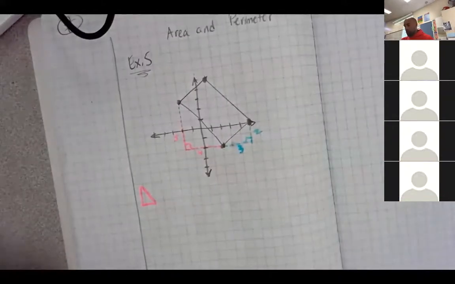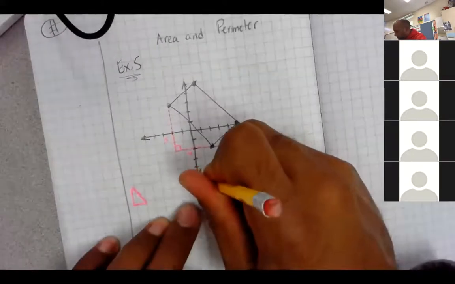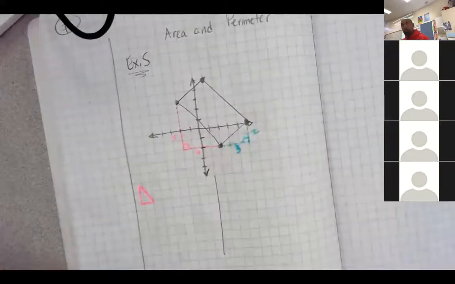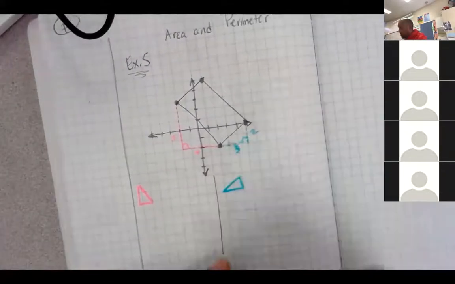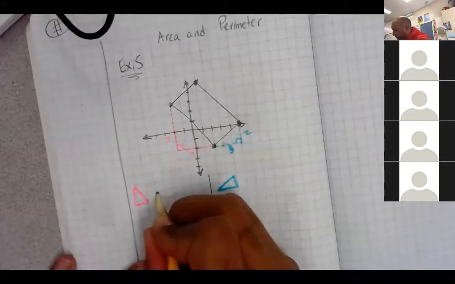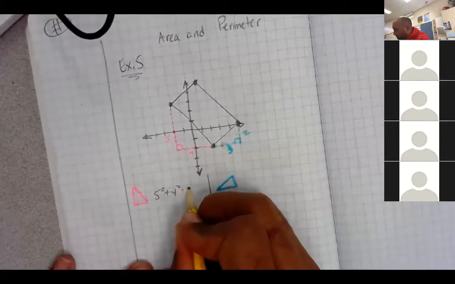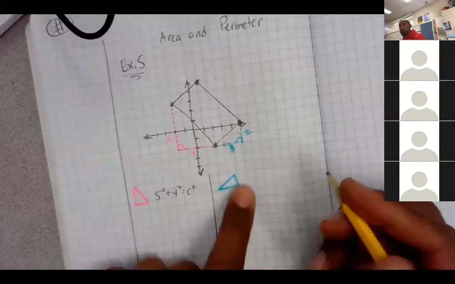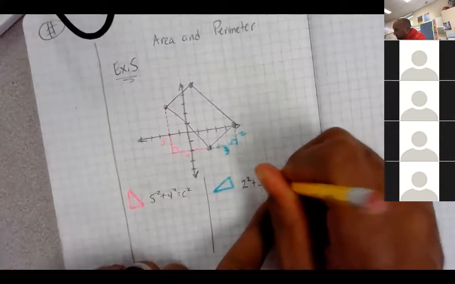All right, so kind of split my paper up here. And that's my second triangle that I'm going to be working on there. So I got 5 squared plus 4 squared equals c squared. And then those two legs, 2 squared plus 3 squared equals c squared.